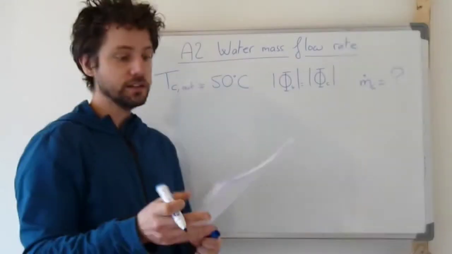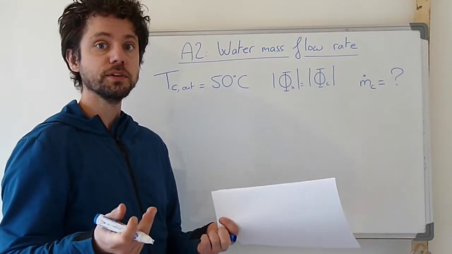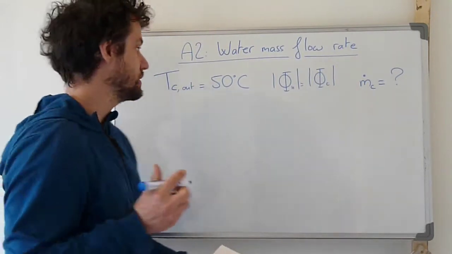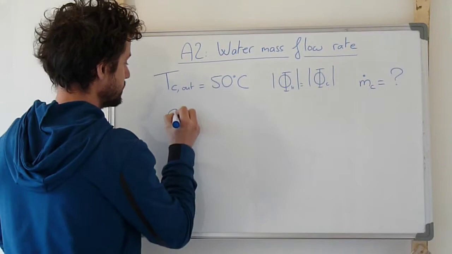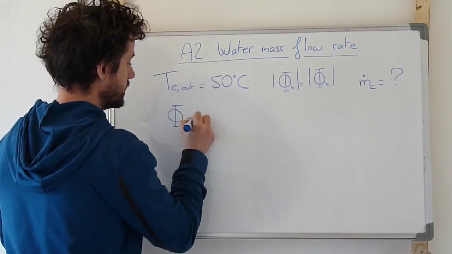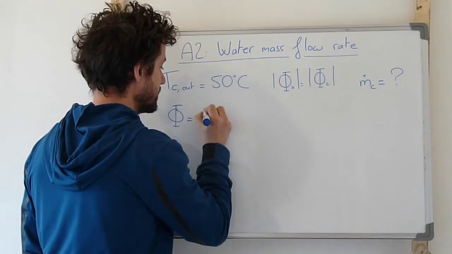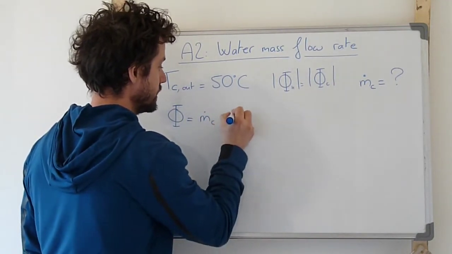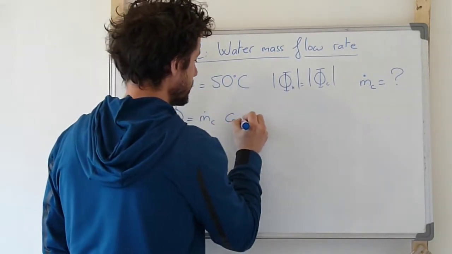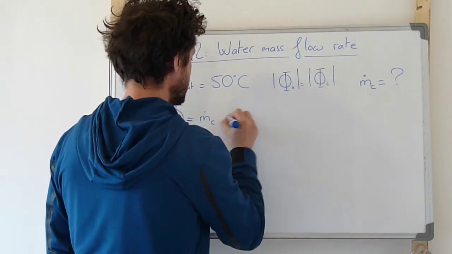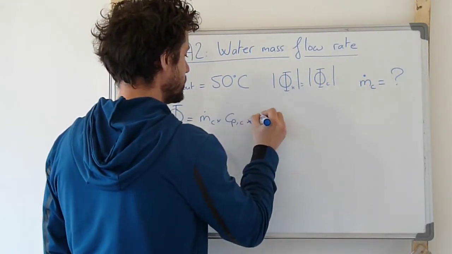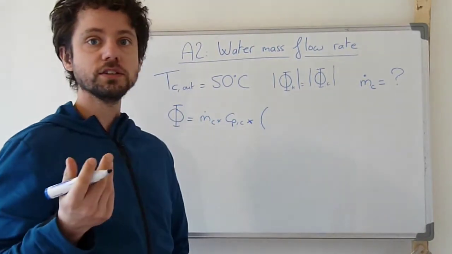So in that case we do a heat balance, but this time on the cold side, and we can write, as before, the heat flux. The absolute value of the heat flux is equal to the mass flow rate of the cold fluid times the Cp of the cold fluid times the difference of temperature across the heat exchanger for the cold fluid.